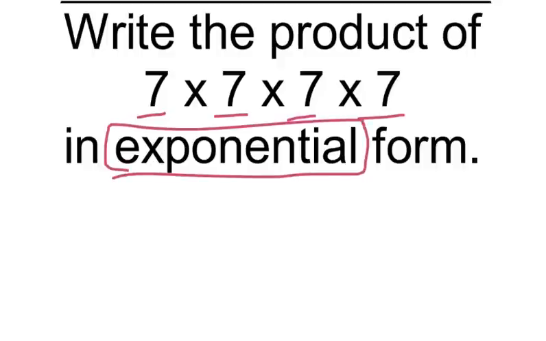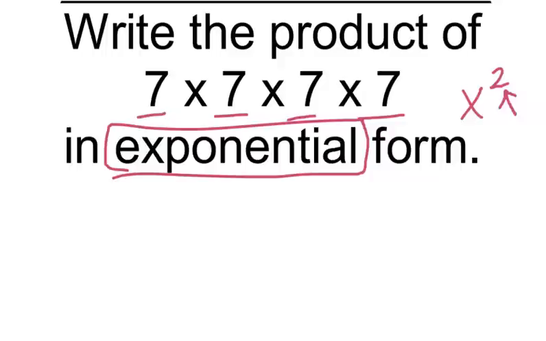The last one, it says write the product of 7 times 7 times 7 times 7 in exponential form, which means we are going to make an exponent, okay? Kind of like if you have an x to the second power, that is your exponent, the little number up above either a variable or a number.